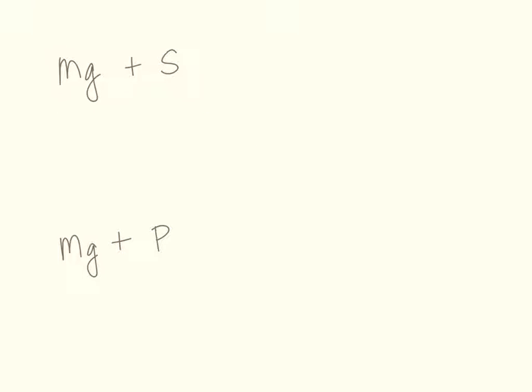Alright, next we have magnesium and sulfur. So I'm going to draw the electron dot structure here for magnesium. Magnesium has 2 valence electrons, and then sulfur has 6.